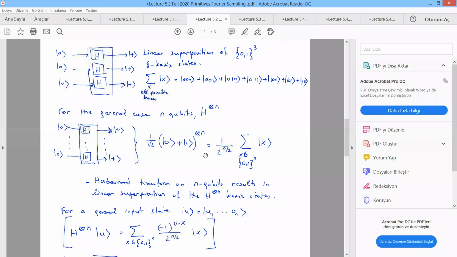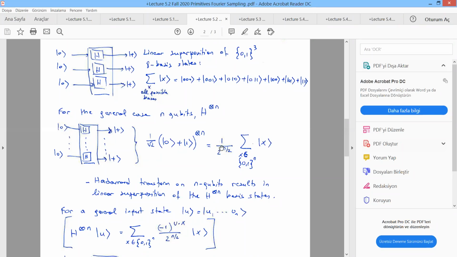And if you multiply this out, this is nothing but a linear superposition of all the |x> basis states. Again, x is all the combinations of zeros and ones in a string of length n. So you obtain a linear superposition.